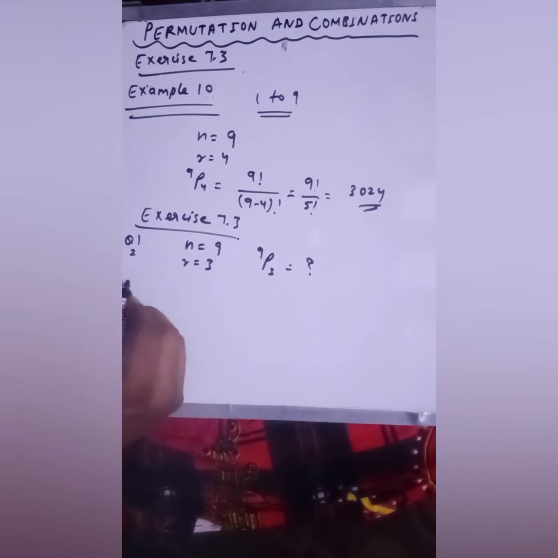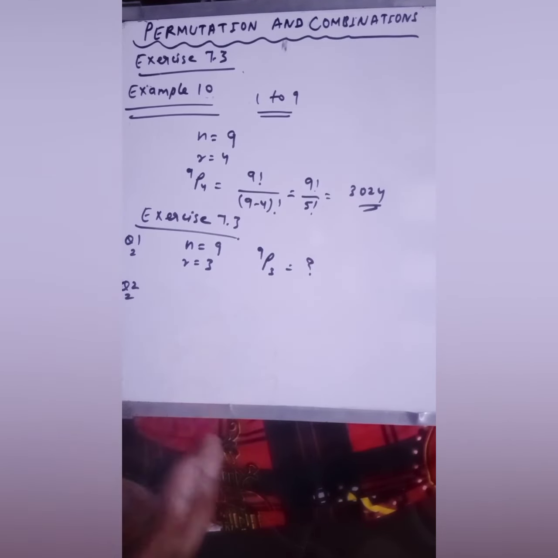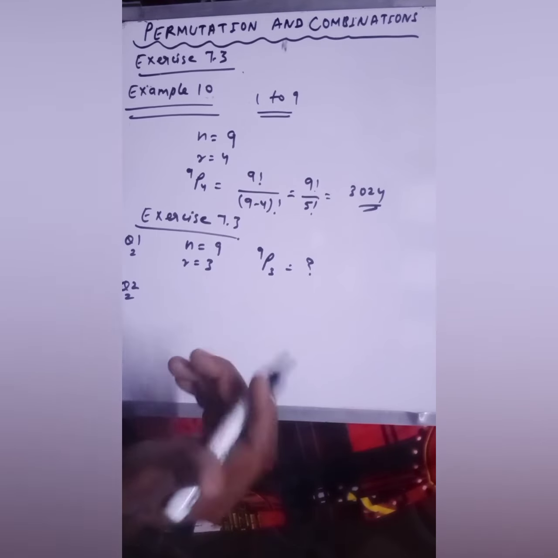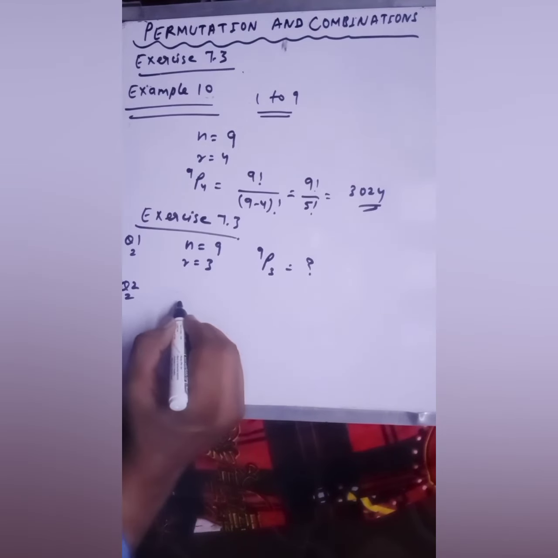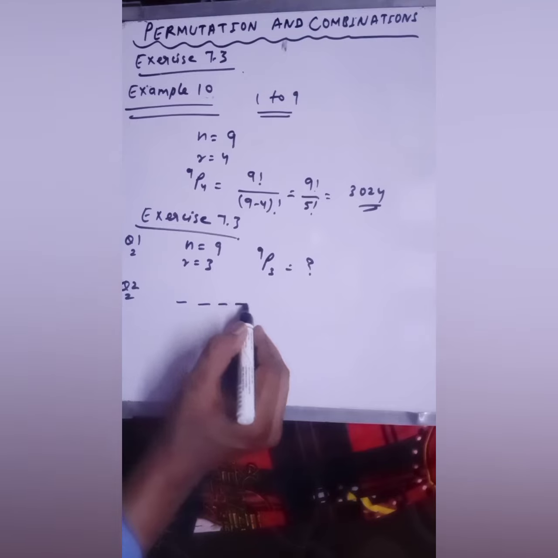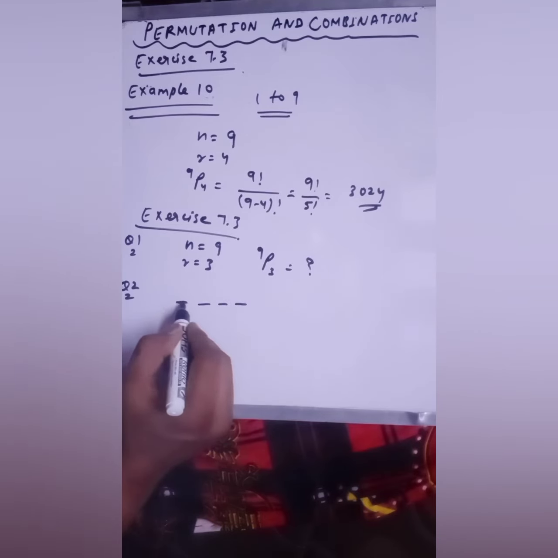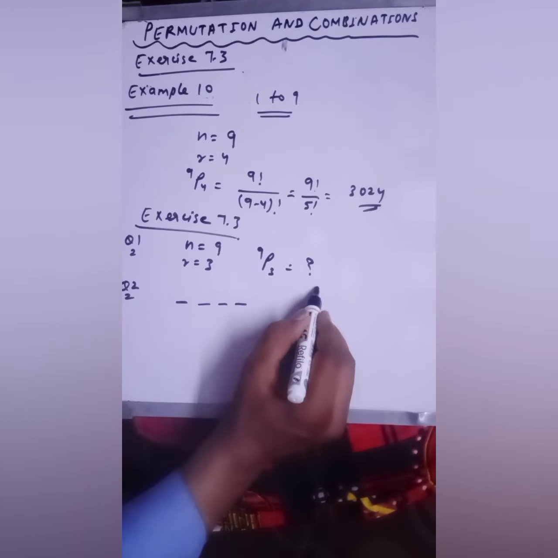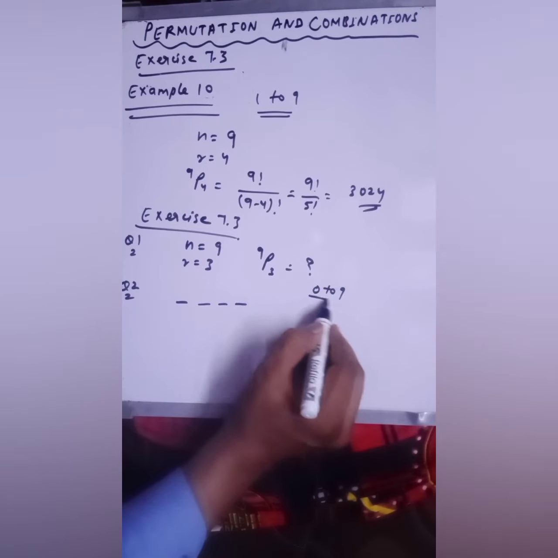In question number 2, how many 4-digit numbers are there with no digits repeated? See children, question number 2 is a little bit tricky. You have to make a 4-digit number, and you have digits 0 to 9 to choose from.